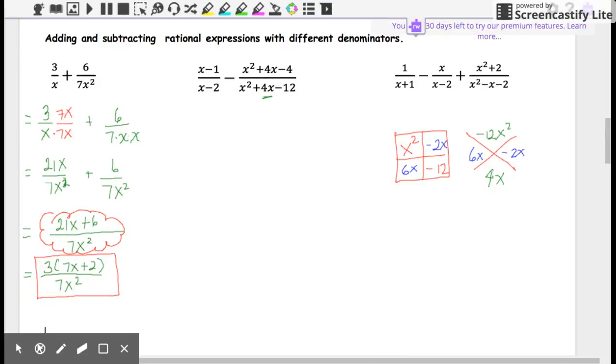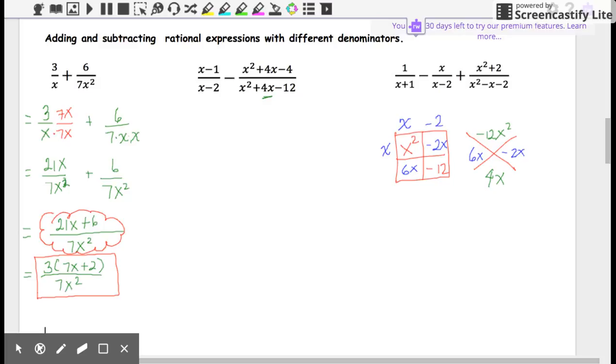Now the box is complete. We have all the numbers that are needed in the box. We just need to determine now the length and the width. We'll look at the first column and find what is common among the two terms there. We notice that x is common to both. x times something is x squared, and that's going to be x. x times something equals negative 2x, so we'll put negative 2 in here.